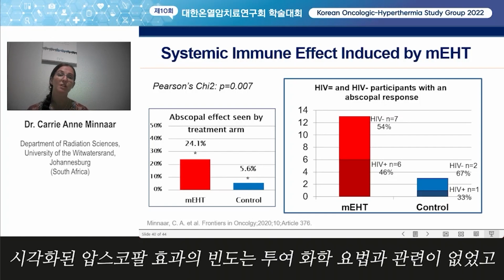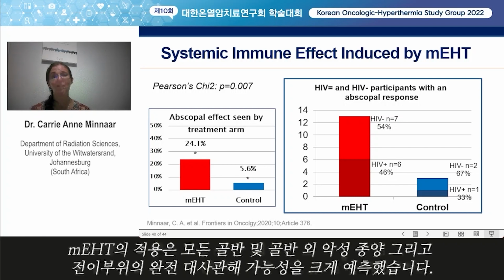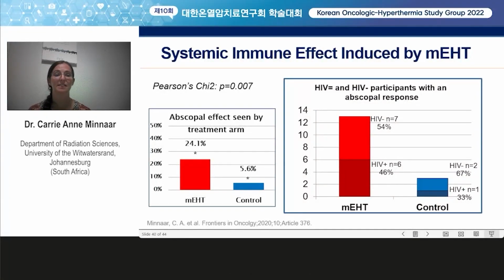The frequency of the visualized abscopal effect was not associated with the administration of chemotherapy and was seen equally in both HIV positive and negative participants. So the administration of MEHT also significantly predicted the likelihood of complete metabolic resolution of all pelvic and extrapelvic malignancies or metastases.